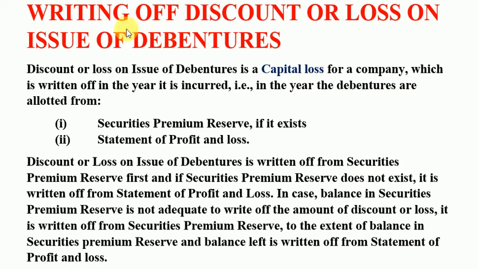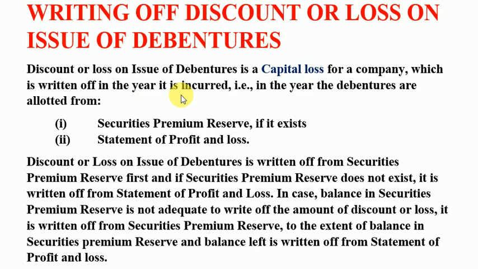In today's class we'll discuss the topic: writing off discount or loss on issue of debentures. Discount or loss on issue of debentures is a capital loss for a company, which is written off in the year it is incurred.